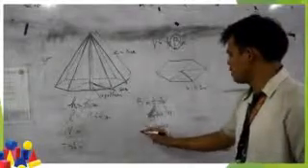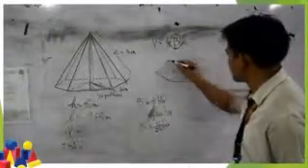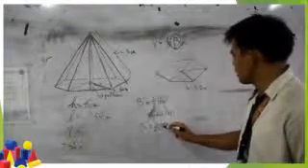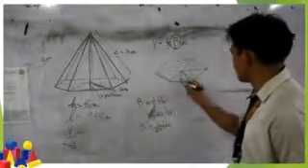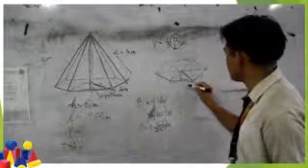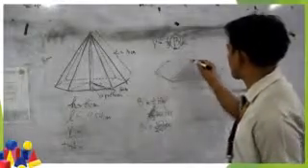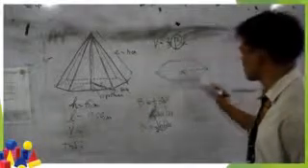But here, you'll notice that n times b, the number of sides of the polygon times the measure of one side of the base, is the perimeter of this hexagon.